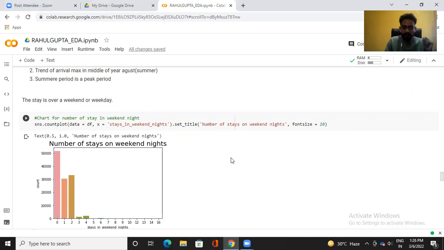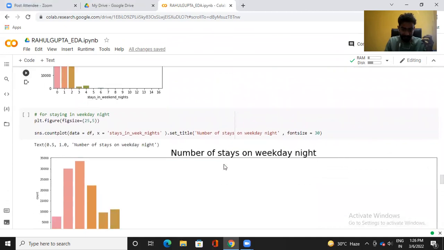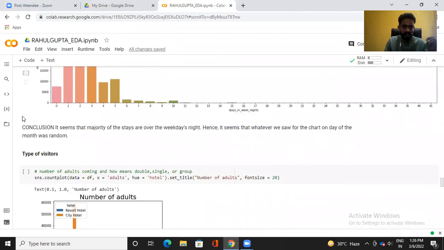But by plotting all these graphs, I found that no such pattern is coming, and there is random behavior of the customer. It seems the majority of stays are over weekday nights, which is different from my thought process.